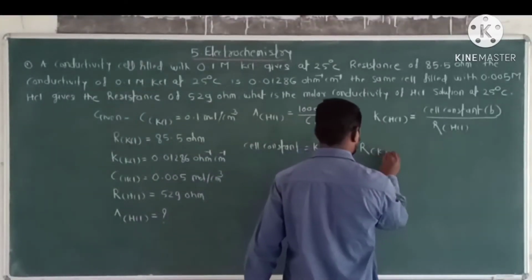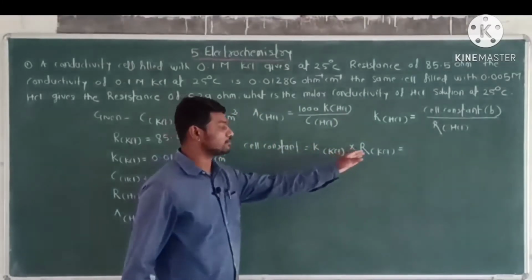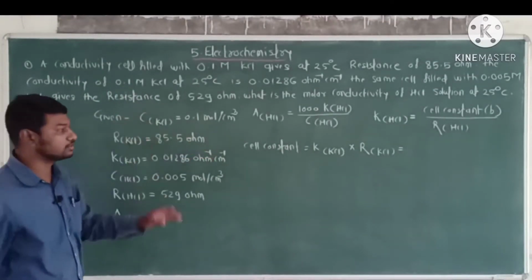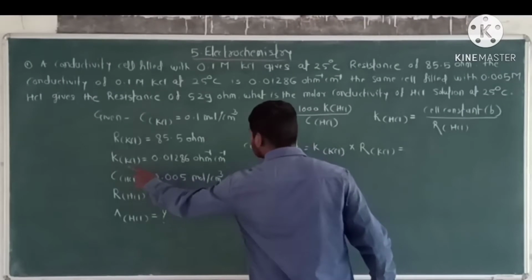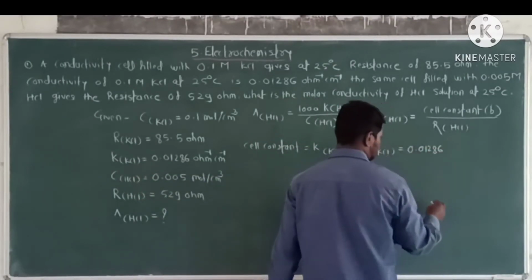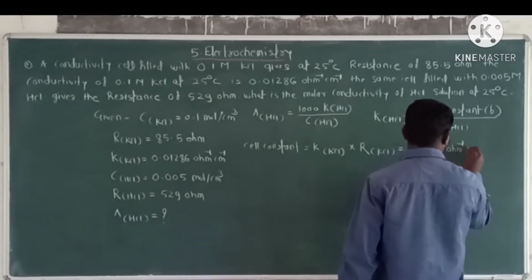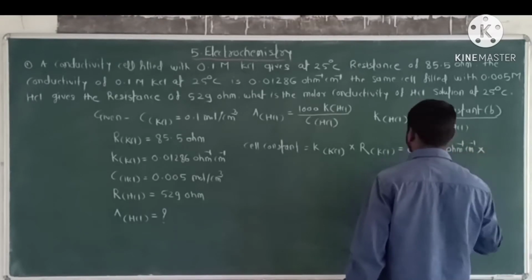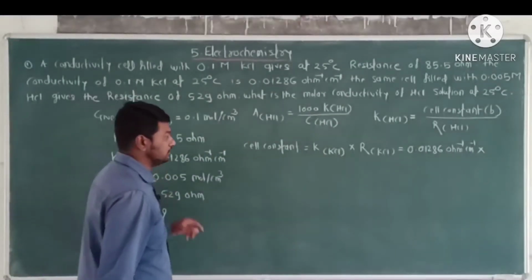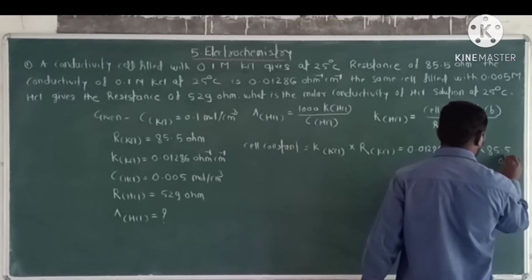Both quantities are given in this numerical, so put these values in the equation: conductivity of KCl is 0.01286 per ohm per centimeter into resistance of KCl, that is 85.5 ohm.